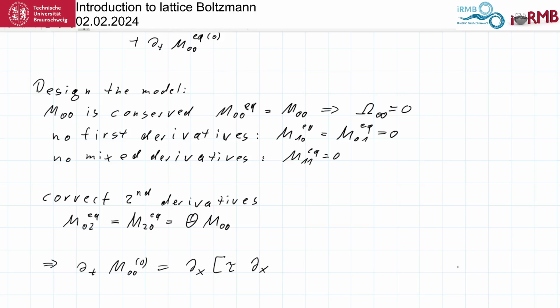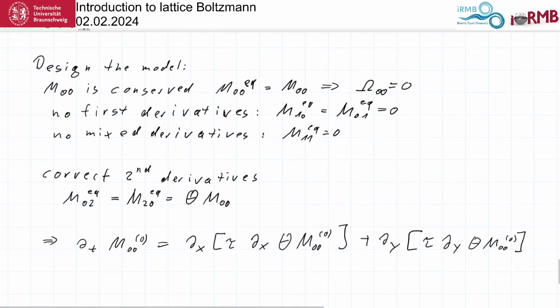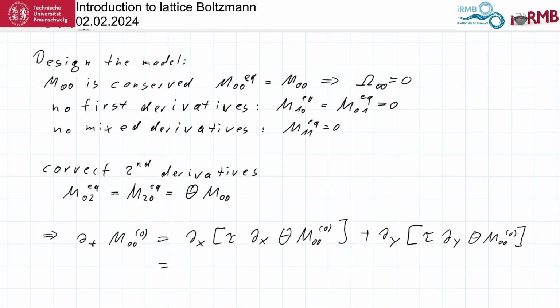Dx, so partial differential to x, tau dx theta M00, now also to zeroth order, plus dy tau dy theta M00 to 0 order, and this can be restated as nabla scalar product tau nabla theta M omega 00.